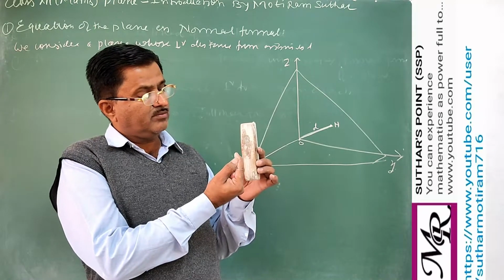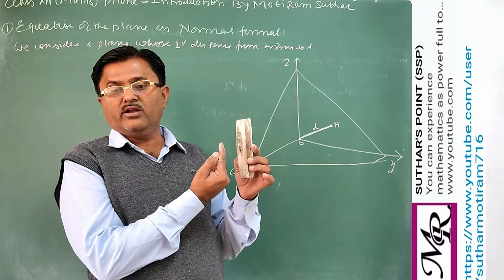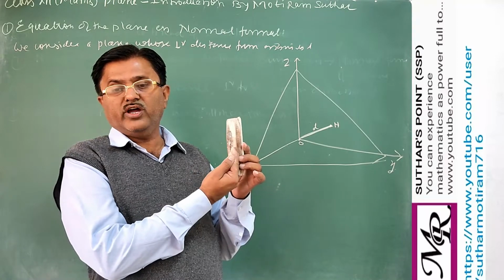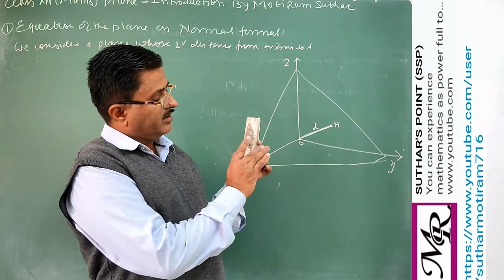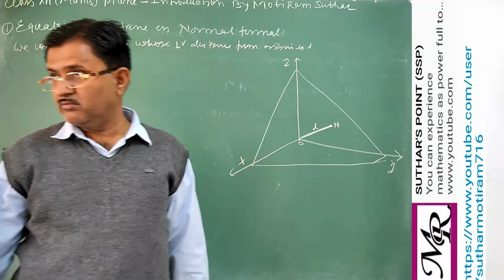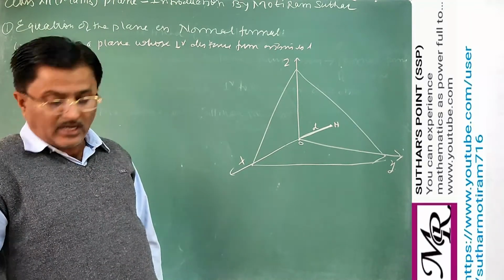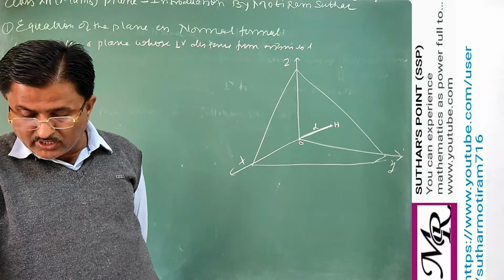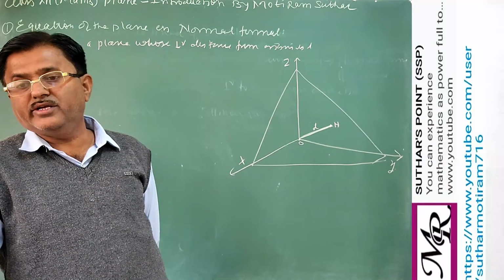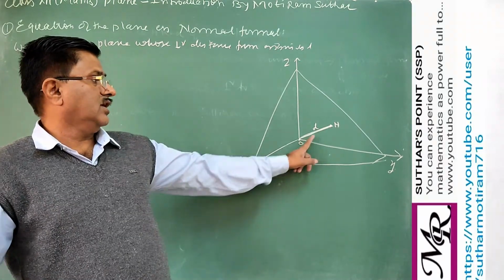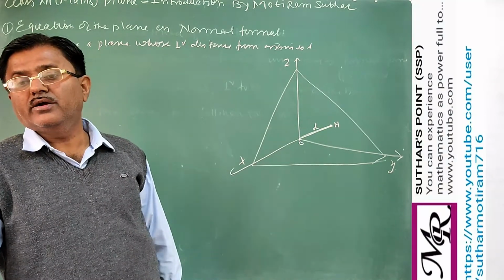Its distance from the duster to this finger we can map as d. But when you see from this side, this will not be on the plane. So ON is the perpendicular distance.